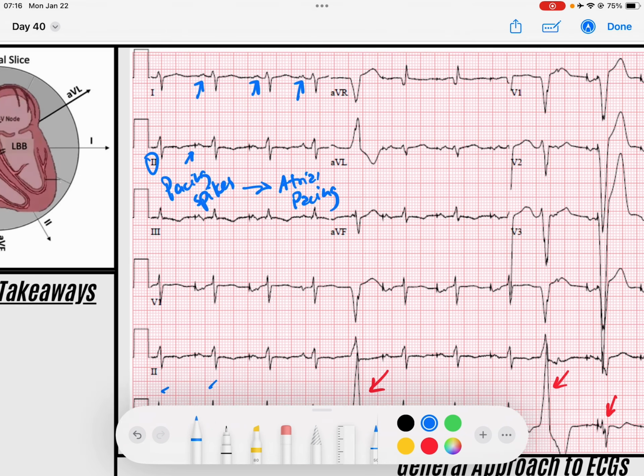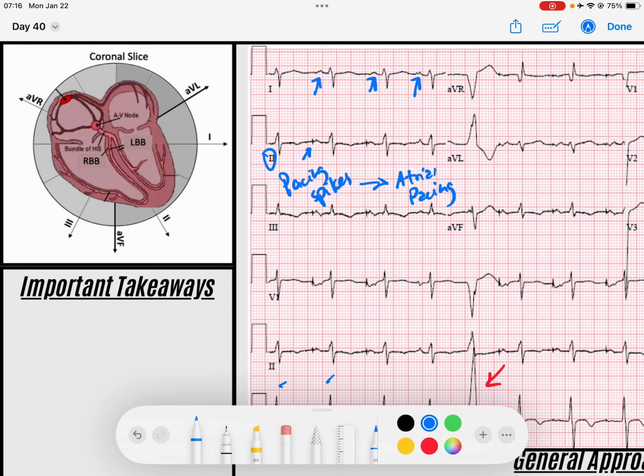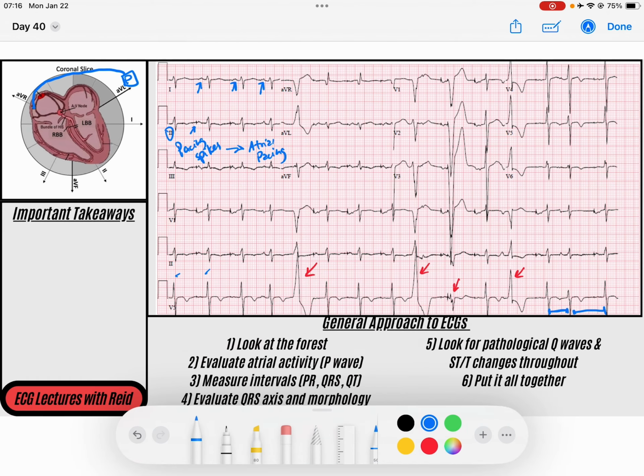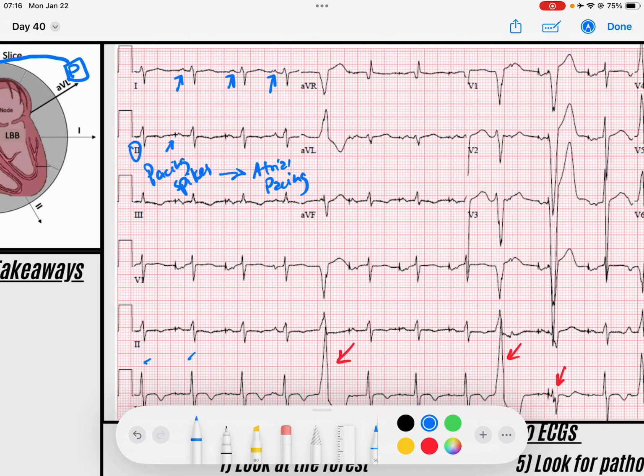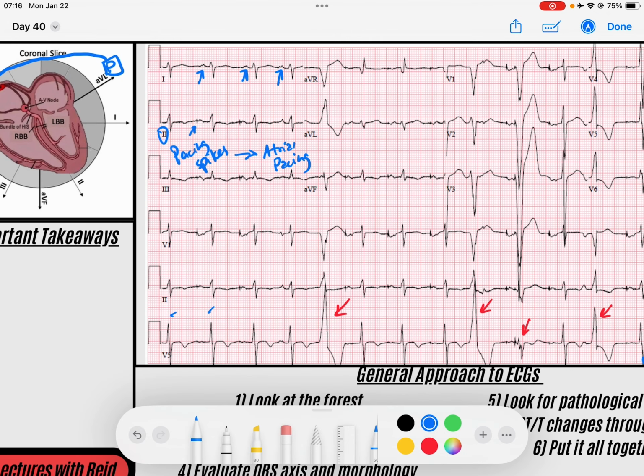That means this person's got some wire attached to a pacemaker that is at least in the atria. Most likely that means they've got a pacing wire in their ventricles, and we're going to figure that out. So we've got atrial pacing, and if you look through, it seems like atrial pacing is occurring quite frequently.